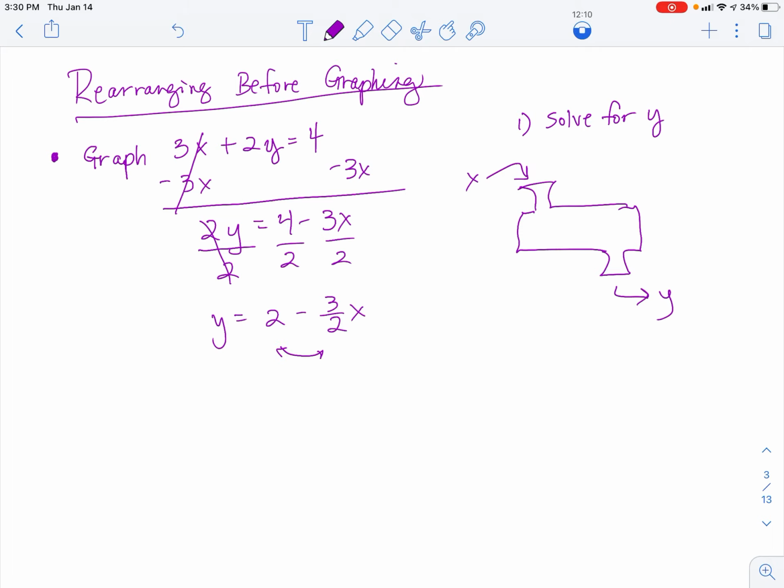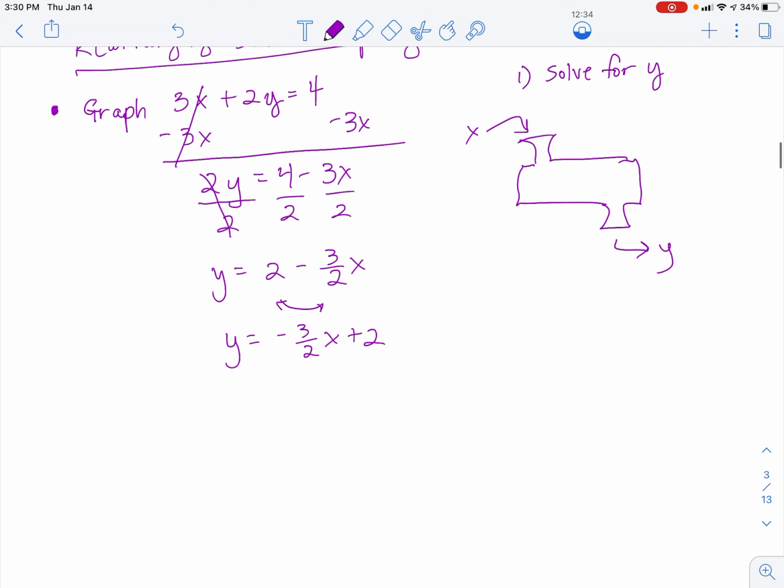Now I want to flip these around because of the slope-intercept form. When we're graphing equations, we always have the x term first. So y equals negative 3 halves x plus 2. That's pretty standard.